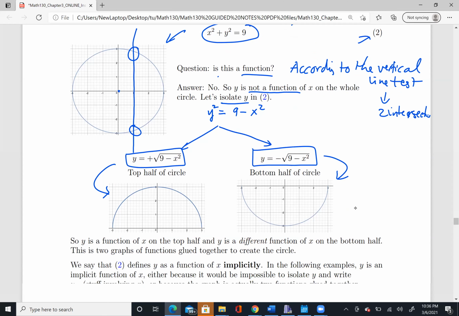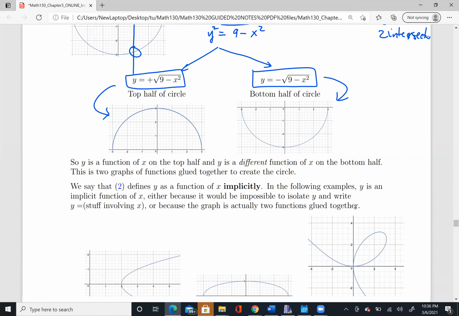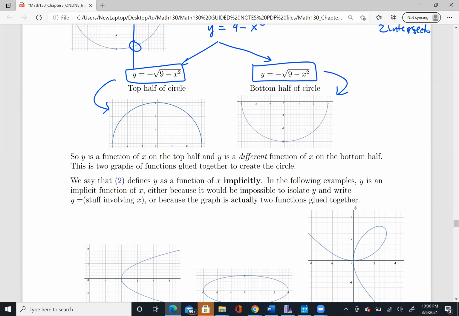So y is a function of x on the top half, and y is a different function of x on the bottom half. These two are different. The left hand side is a function. The right hand side over here is also a function. But if you combine them to become a circle, then it's not a function.